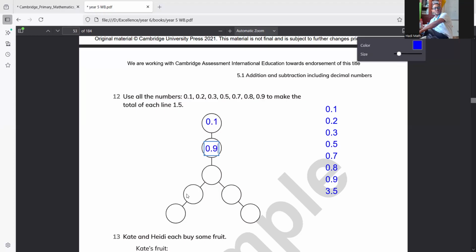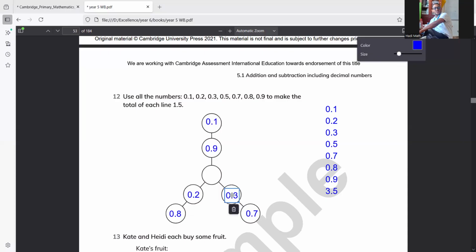And remember also 0.8 and 0.2 will give you 1. And remember also 0.7 and 0.3 will give you 1. This is the most important thing.